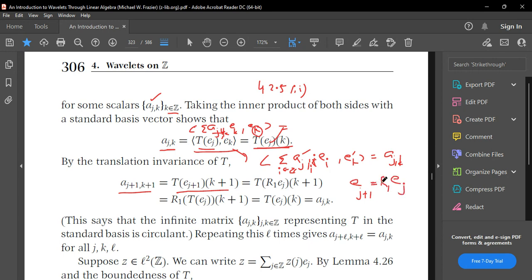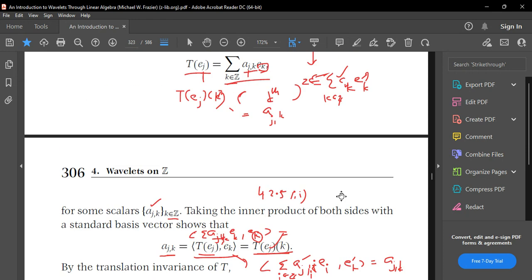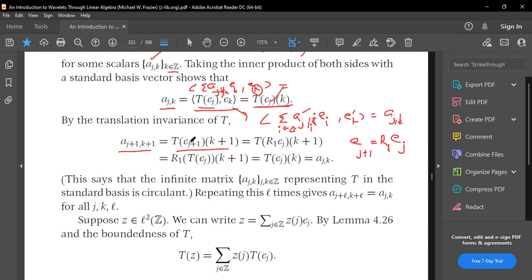Applying the definition of the translate R1 to Ej, you get Ej+1. So T of R1 Ej at k+1 is, since T is translation invariant, R1 T of Ej at k+1.